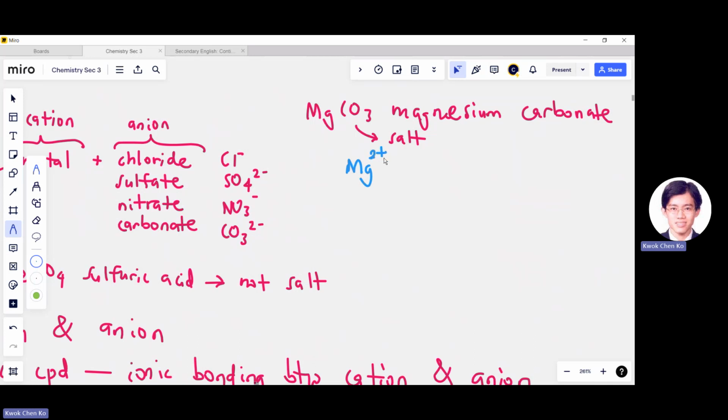That's how you don't even need to draw it out. Group 2 means it can lose 2 electrons, so it becomes 2 plus. Carbonate, I already gave you, CO3, 2 minus. And therefore, my ionic bond is right between these two guys.